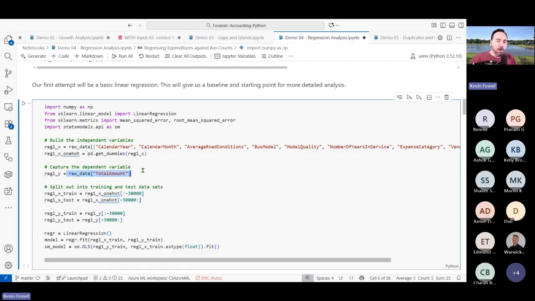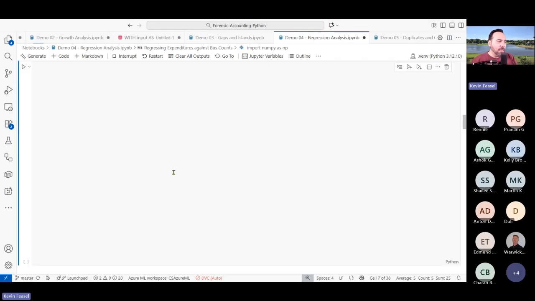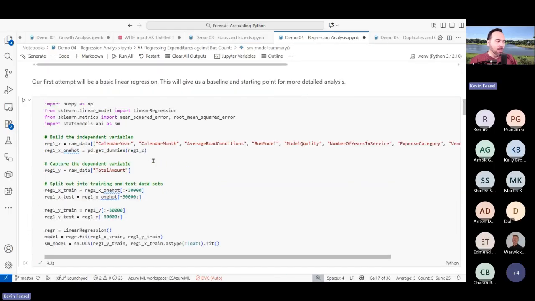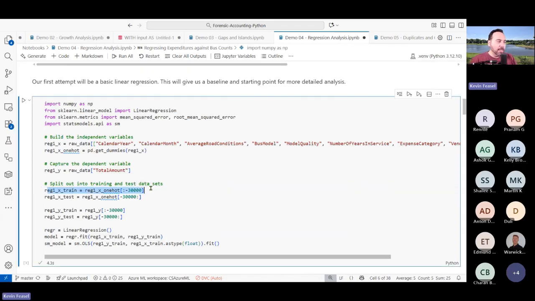My dependent variable, the thing that I want to predict, the thing I want to understand, given all of this other information, is total amount. And so I'm going to break this out into a test data set as well as a training data set. My training data set is how I will develop my regression model.